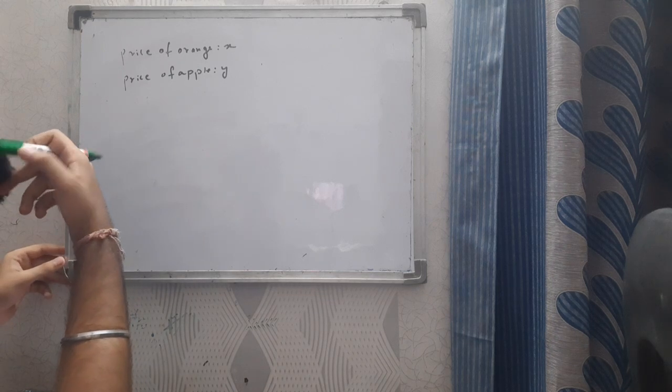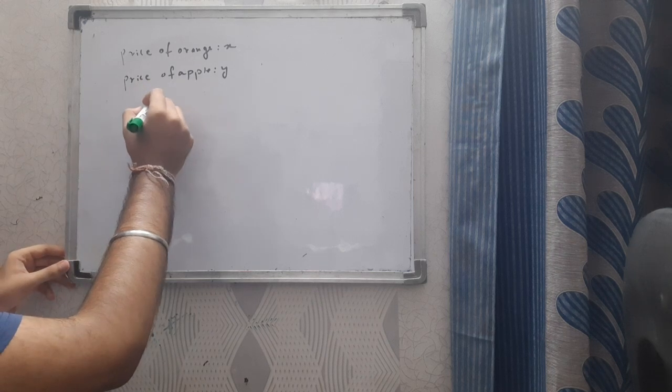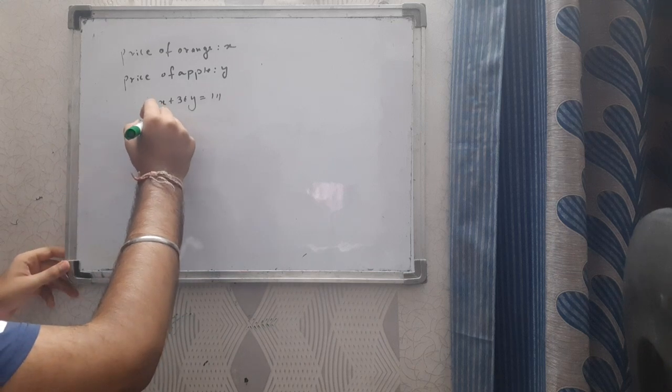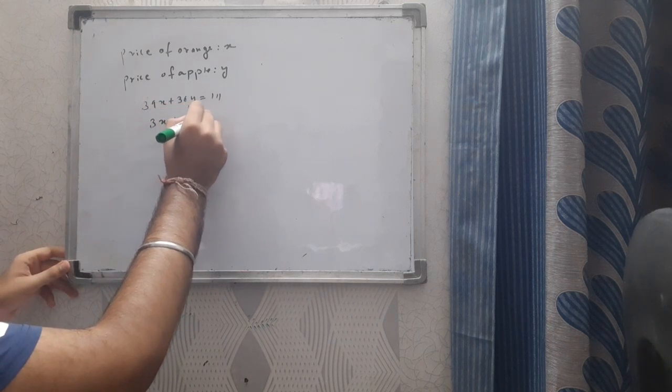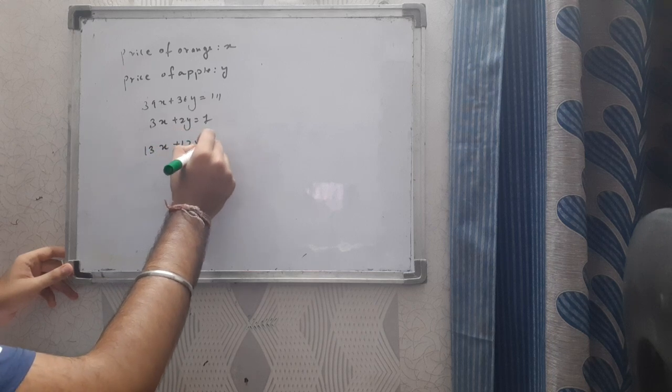Statement 1 is: the price of 39 oranges and 36 apples is $111, so 39x plus 36y is 111. Statement 2 is: the price of 3 oranges and 2 apples is $7. We have to calculate the price of 13 oranges and 12 apples.